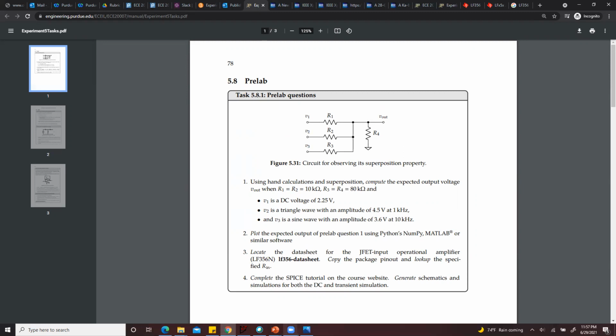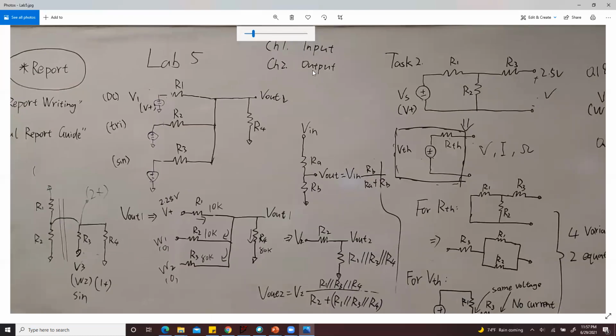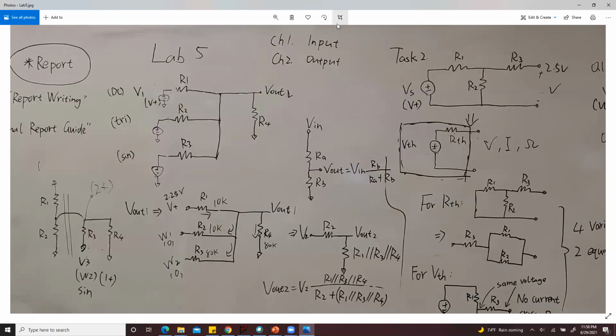First of all, I want to calculate Vout1. Vout1 will be the output due to only V1, which is a DC voltage. It comes from the V plus of your AD2.